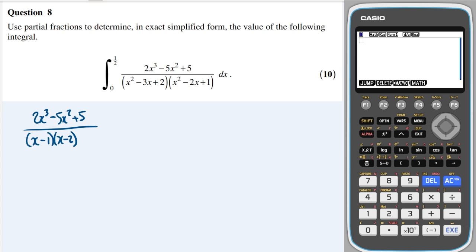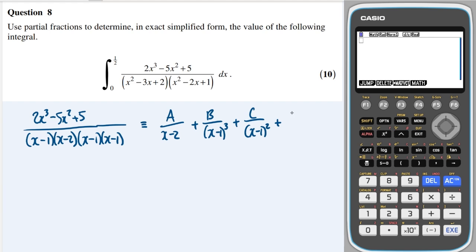And this one is going to be x minus 1, x minus 1. Interesting. Okay, so we're going to have to set that equivalent to a over x minus 2 plus b over x minus 1 cubed plus c over x minus 1 squared plus d over x minus 1. Wowza.